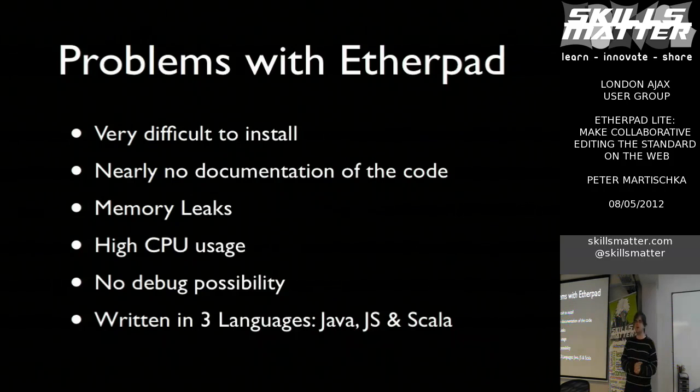Another problem was that we had memory leaks. So you had to kill it every day or every week to keep the memory leaks down. And there was very random high CPU usage. We never figured out what caused this high CPU usage. There was no debug possibility. There was no debugger. You were able to do a bit of print debugging, but it was difficult too.